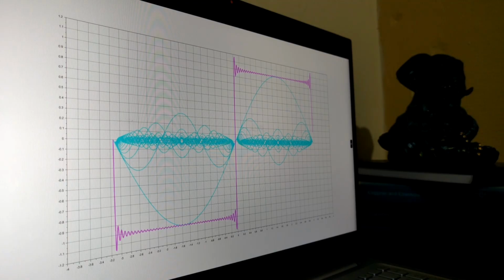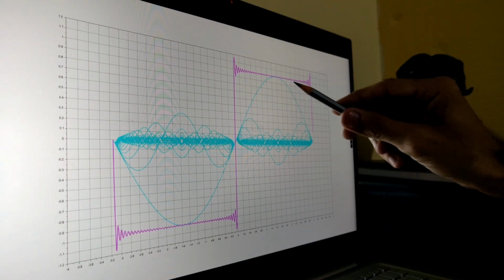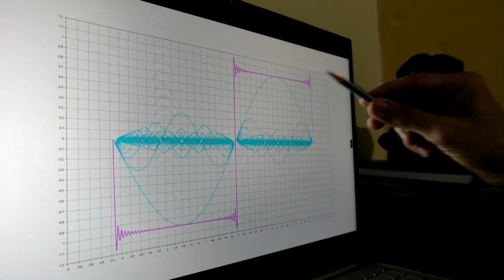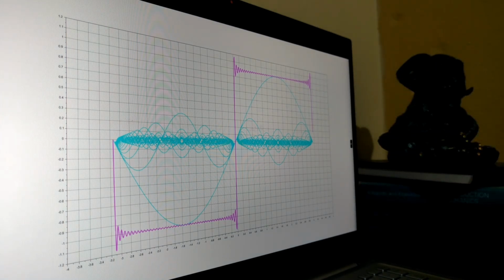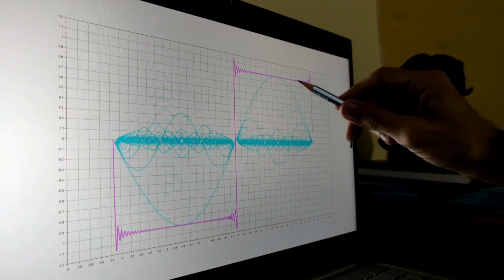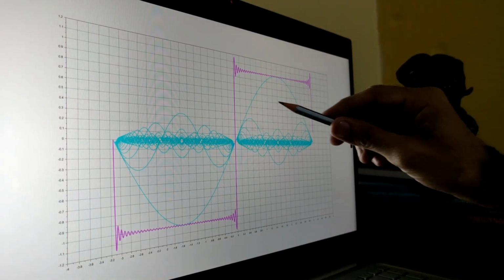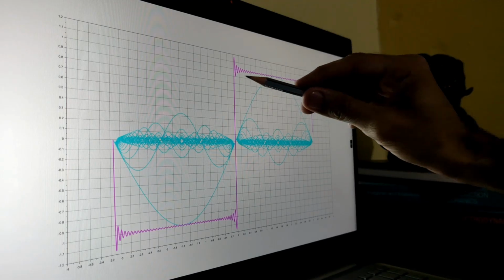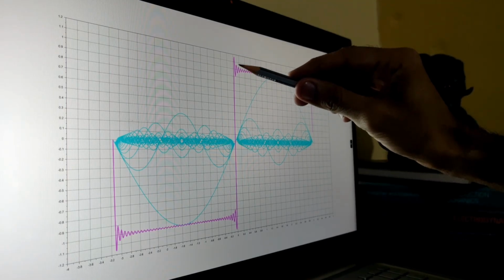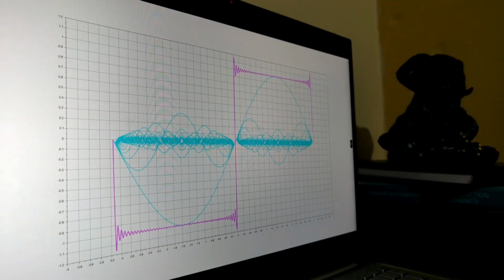And now you might think, if I add more terms, we can get rid of these oscillations that we are getting here. Well, yes and no. It will surely become better in between, but at the edges you are still going to have these overshoots, and we call that Gibbs phenomenon.